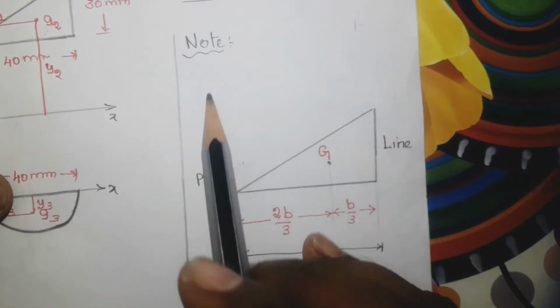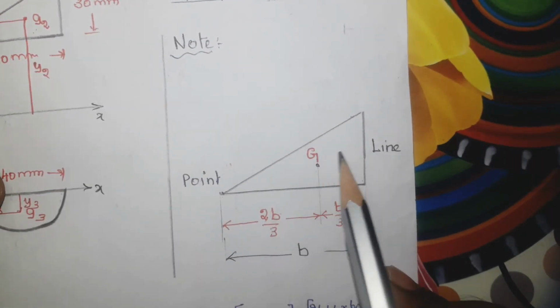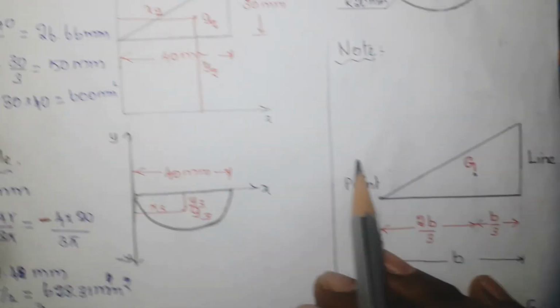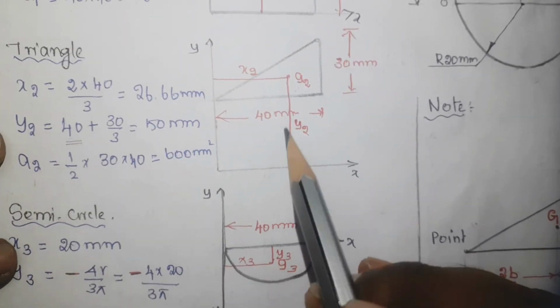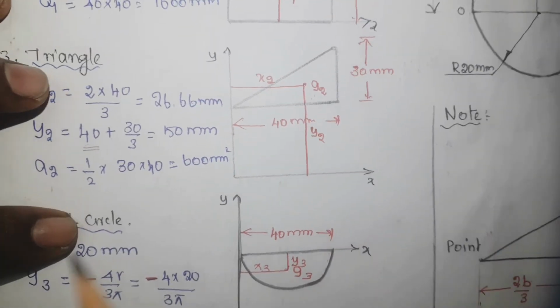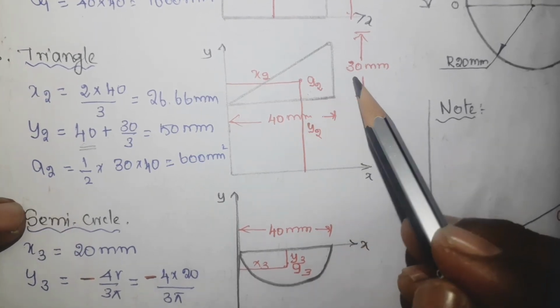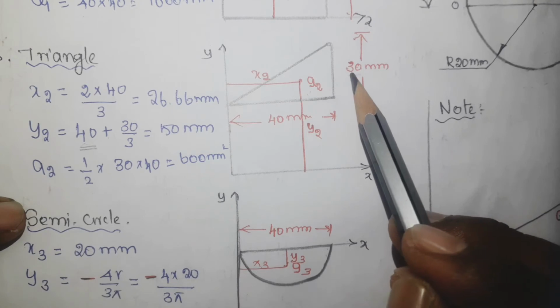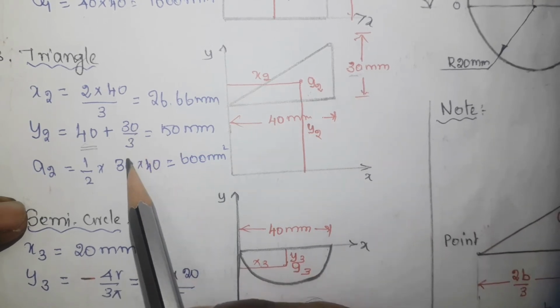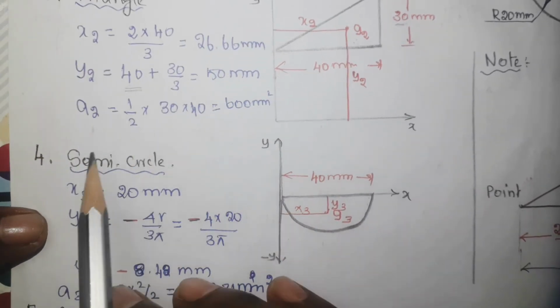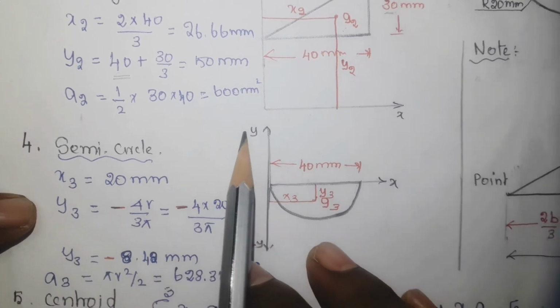From this line end to G it is b by 3. In the place of b you have to take this 30, so 30 by 3, which is equal to 10 mm. Then area equal to half b h, which is 600 mm square.